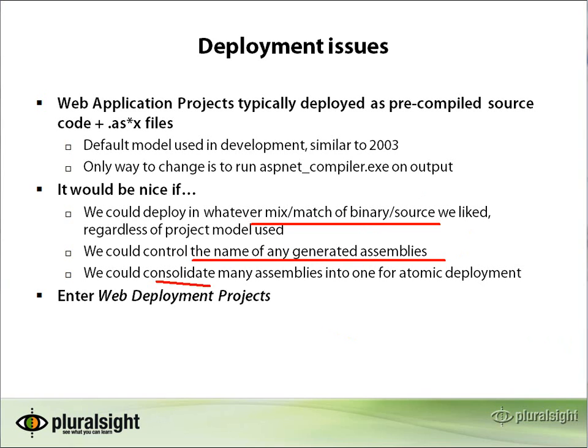And we could consolidate many assemblies into a single assembly for a more atomic deployment. So as you packaged up your assemblies for deployment, if you reduced all your code into a single assembly, that would be pushed out in a single copy operation, and you wouldn't have requests coming in that would be accessing stale data.